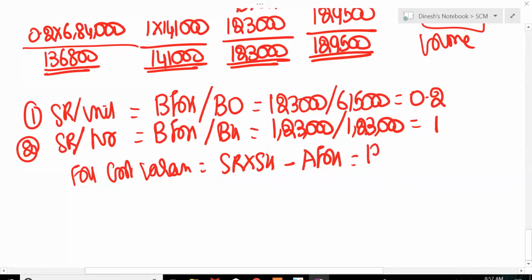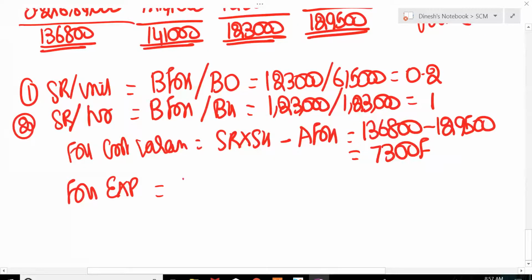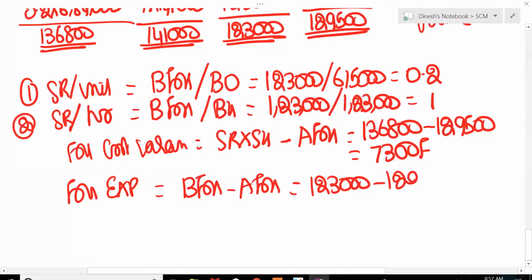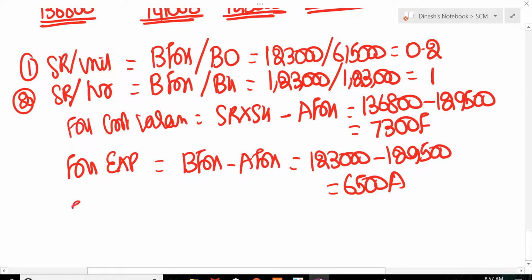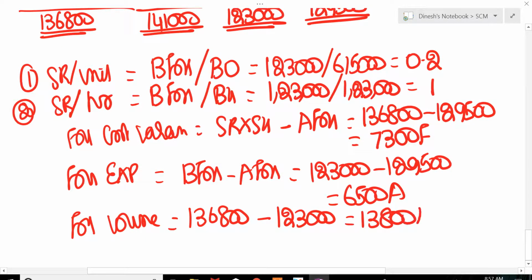The formula is going to come from the chart. The entire formula is going to come from the computation table and the chart. Chart will tell you the formula.